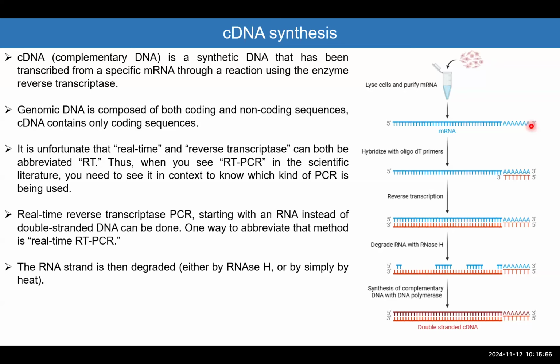So the easiest way for us to generate the double-stranded hybrid messenger RNA-DNA is to have the poly T as a primer. And then we can amplify the cDNA based on the messenger RNA sequence.